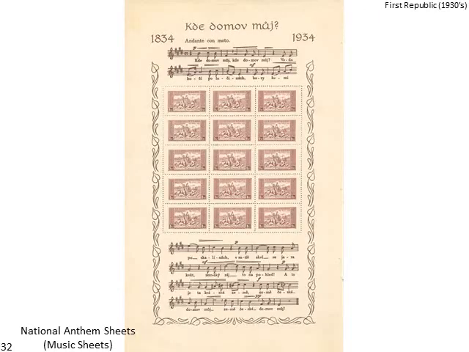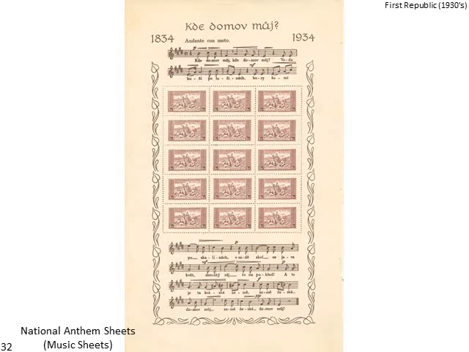The year 1934 saw the issuance of the famous Czechoslovak national anthem sheets, the 1 crown brown red, shown, and 2 crown blue on very thick, ungummed paper. They celebrated the 100th anniversary of the anthem, Kde domov môj, or Where is my home?